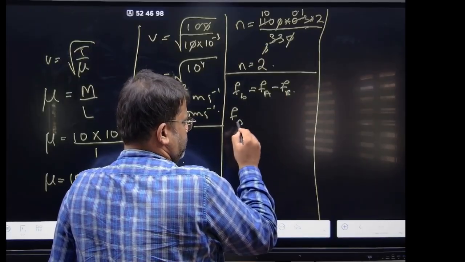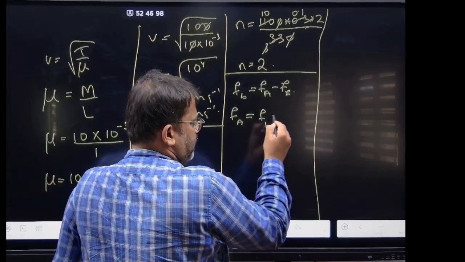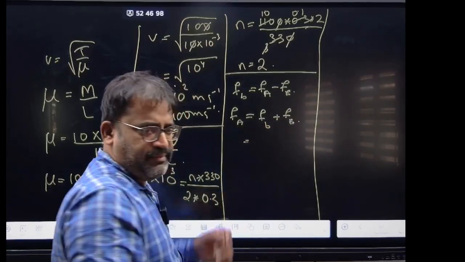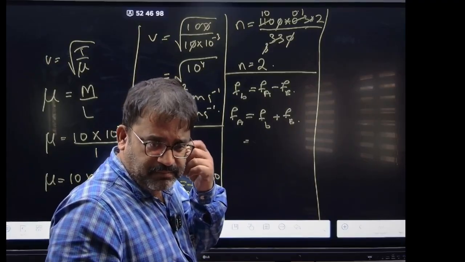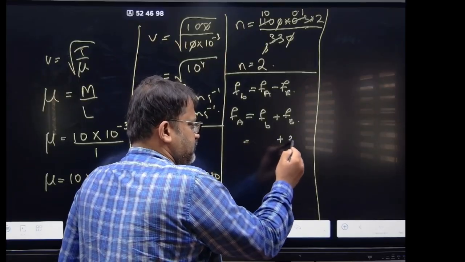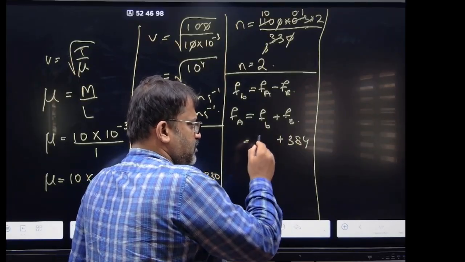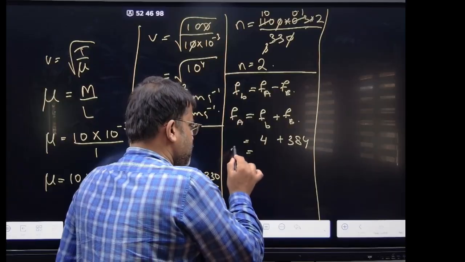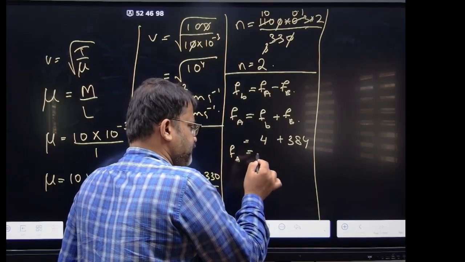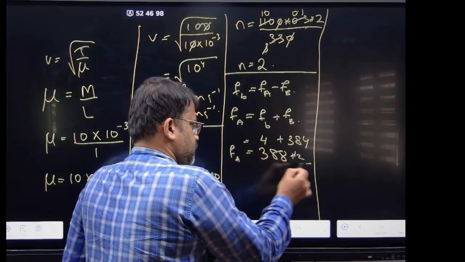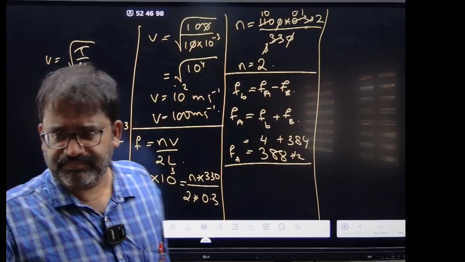Now that means FA is equal to the beat frequency plus the frequency of B. What is the beat frequency? 4 beats per second, that itself is the beat frequency. So tuning fork A will have the frequency equal to 388 Hertz.